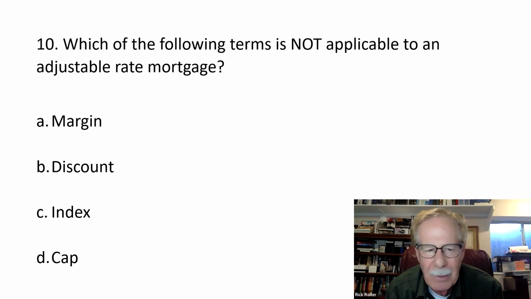And a cap says, okay, it can't go any higher than this. So let's say you got that loan for 4.5%, cool, but it goes up in year 2, 3, and then it caps. It can't keep going up forever and ever.